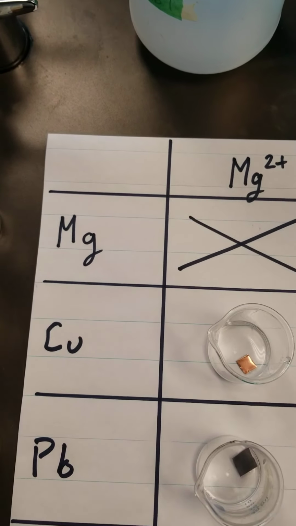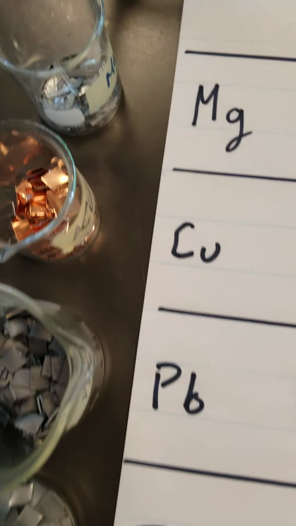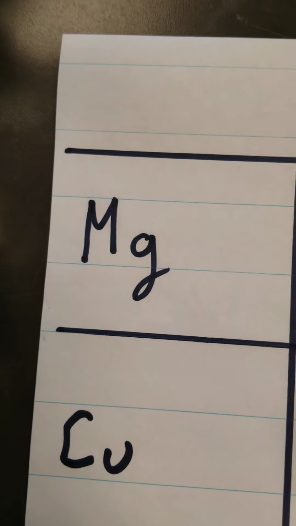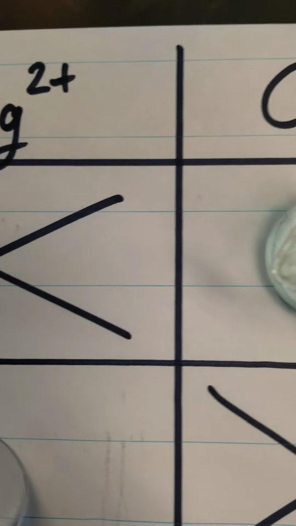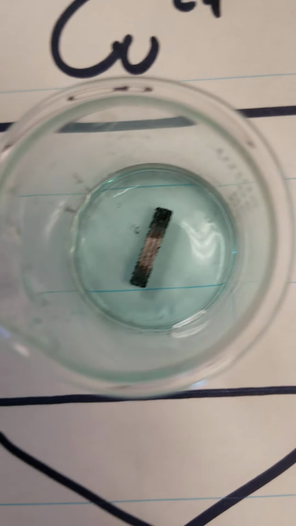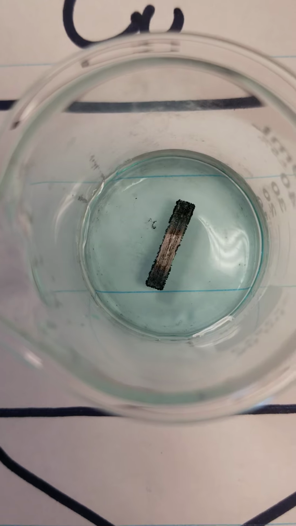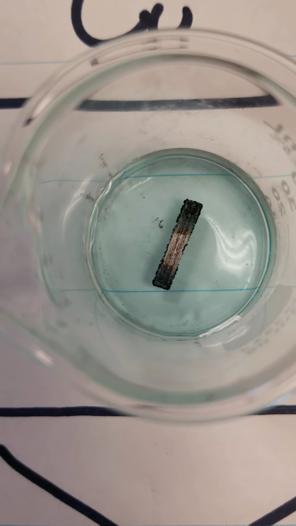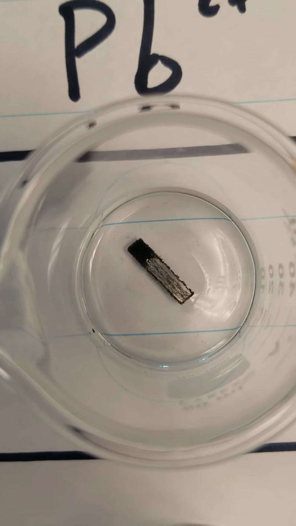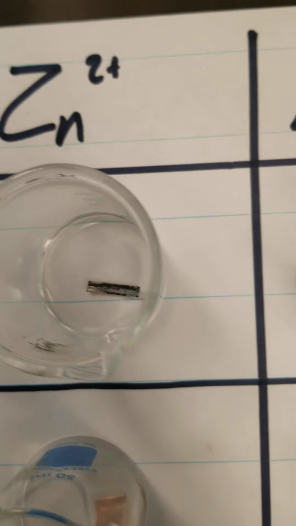Okay, so the next question is, well, how would we tell that this is happening? Let's take the magnesium metal. As I go across here, the copper solution was blue, and we can see that we're starting to get some metal forming on the piece of magnesium that's in here. We notice that happening on the lead, the part that's been submerged. We can see that black forming. We see a little bit on the zinc, but not really.